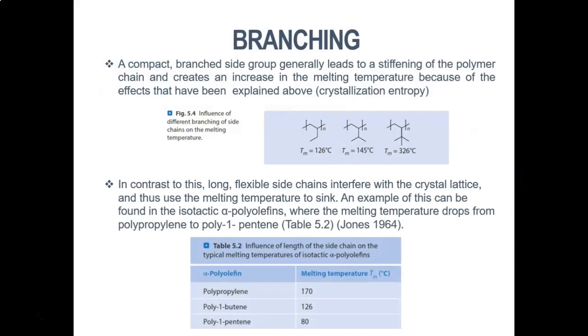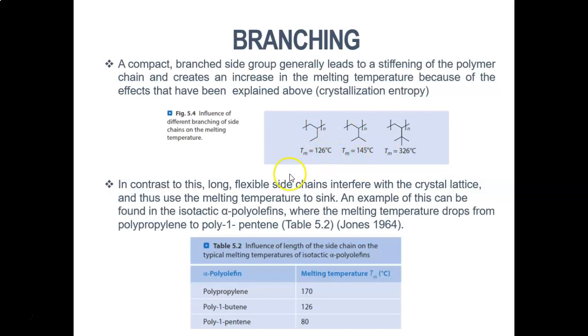In terms of the branching, we can see in figure 5.4 the influence of different branching of side chains on the melting temperature. As we can see, the Tm for the third structure shows the largest melting temperature compared to the other two compounds.